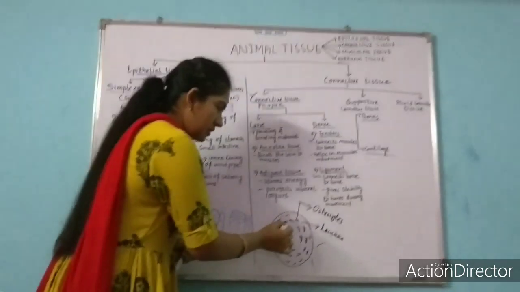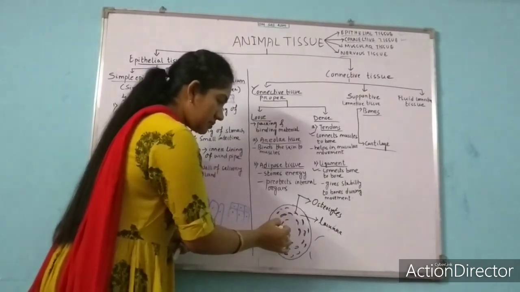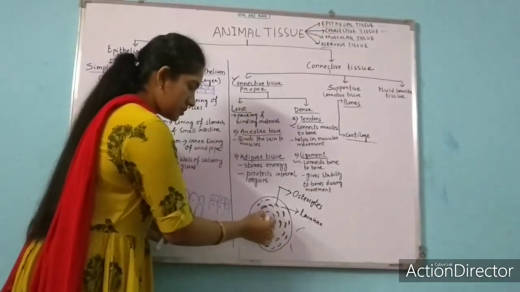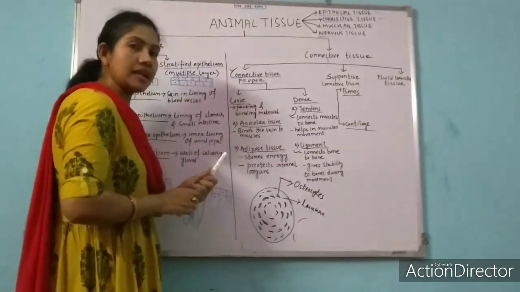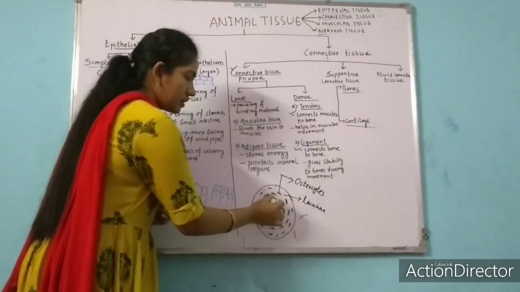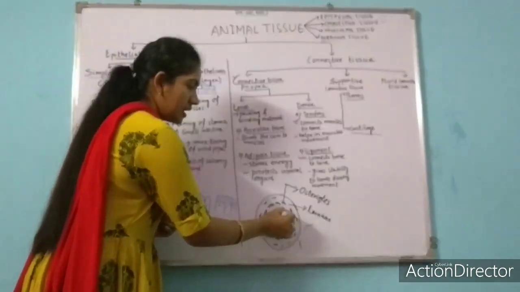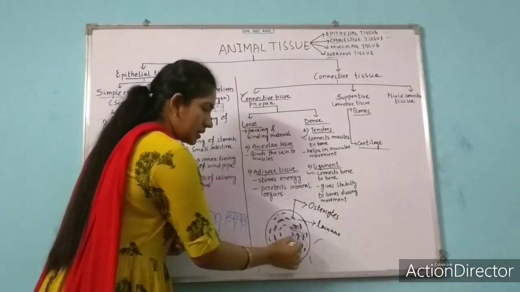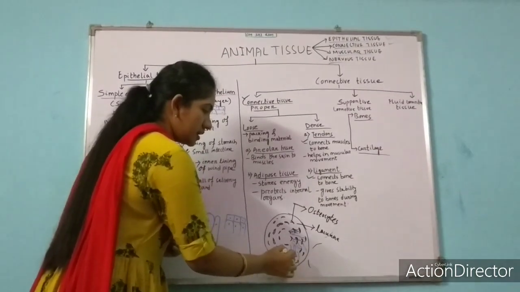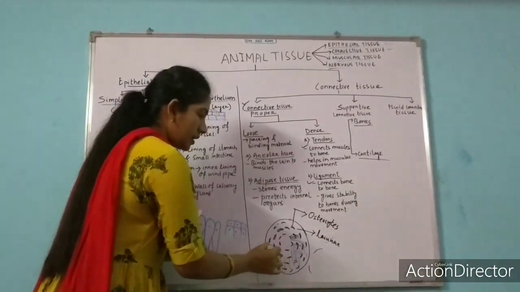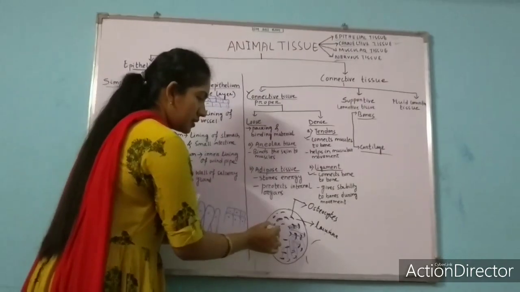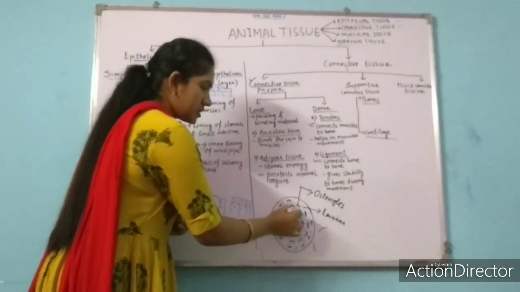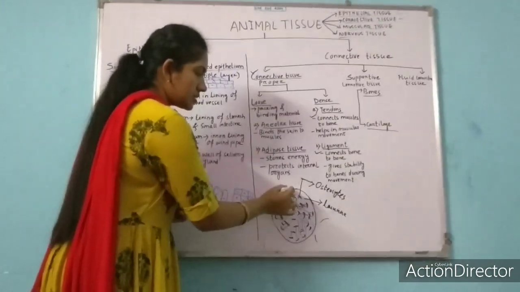In between the osteocytes, there are some canal-like structures which connect one cell to another cell.